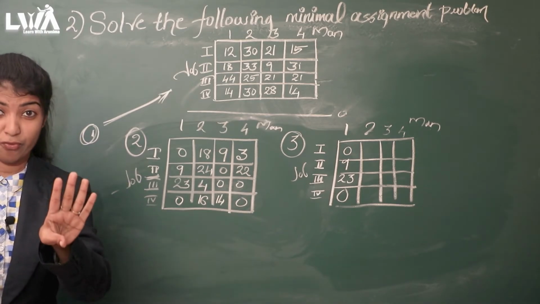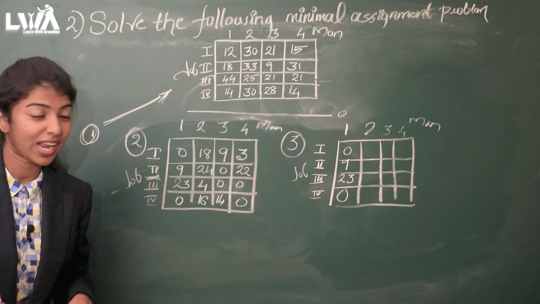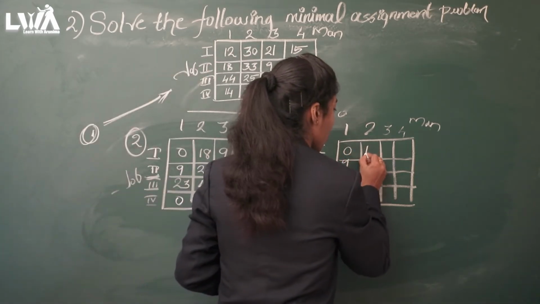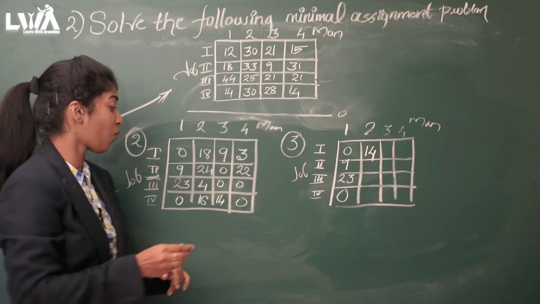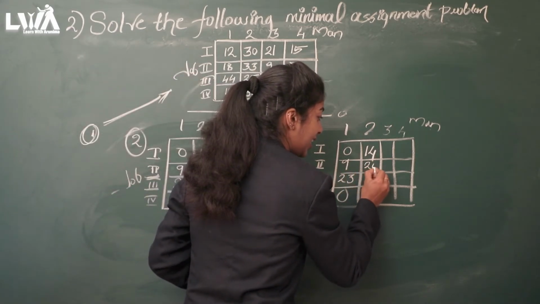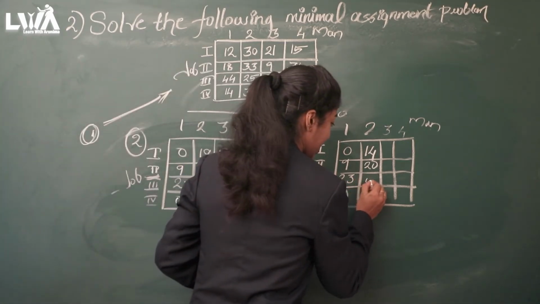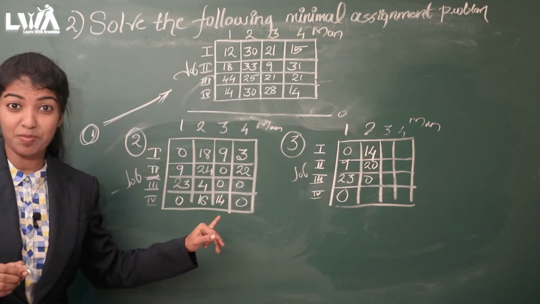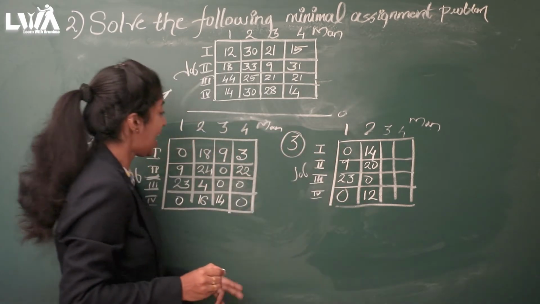It is 4, right? 18 minus 4, it is 14. 24 minus 4, it is 20. 4 minus 4, it is 0. 16 minus 4, it's 12.